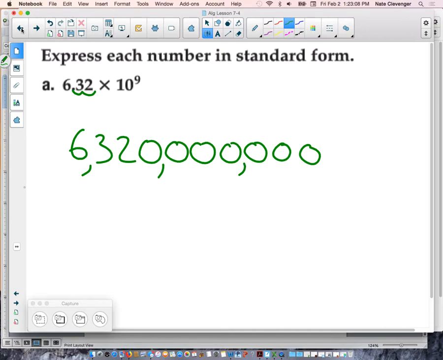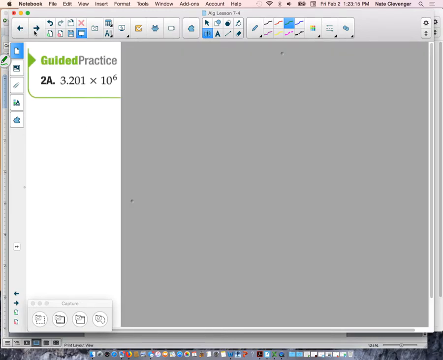When we had a positive exponent, the number is greater than 1. So it's bigger, okay? So you have to move to the right 6 places. What if it's a negative?